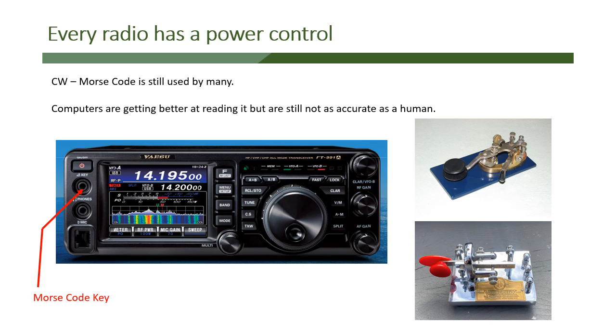Now, computers are getting better at reading Morse code, but they're still not as accurate as a human. And that will probably change with time, but there are a lot of things that one has to understand when a computer is trying to read Morse code. Computers have to deal with not only having to pull the signal out of the noise, so that one can differentiate that dit and da against the naturally made RF noise, but also that it's being sent by humans.